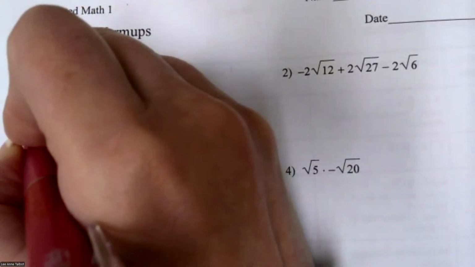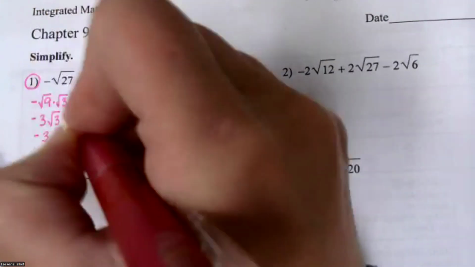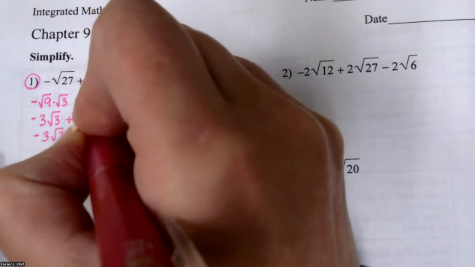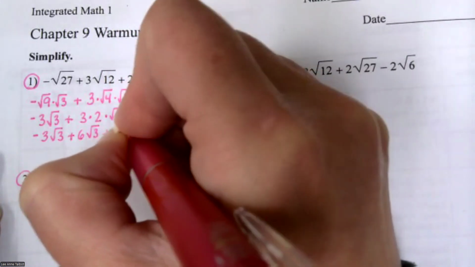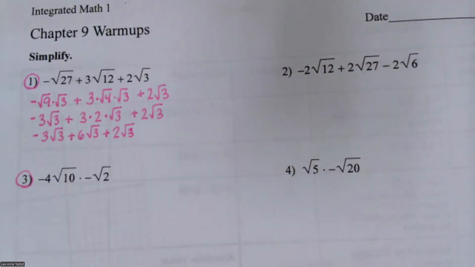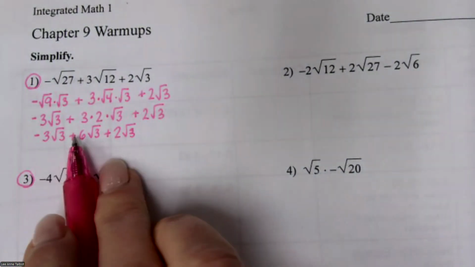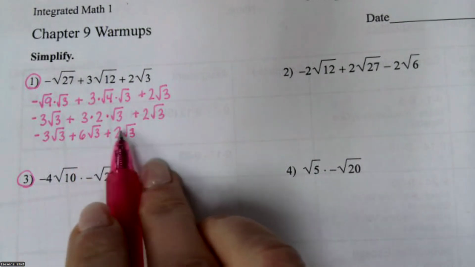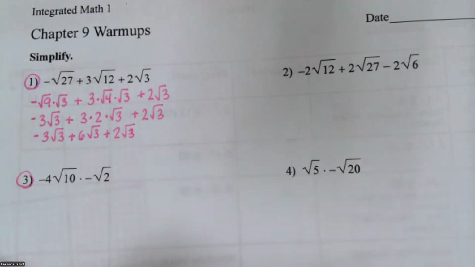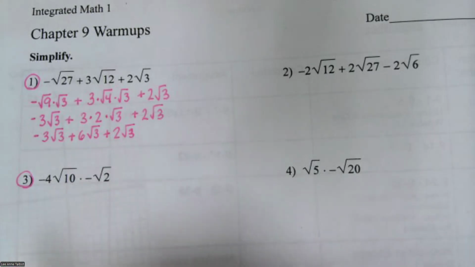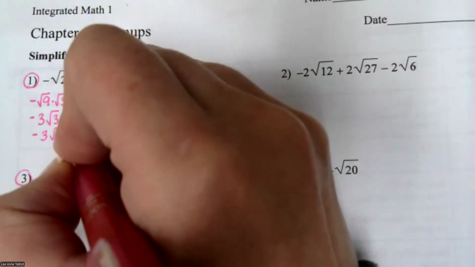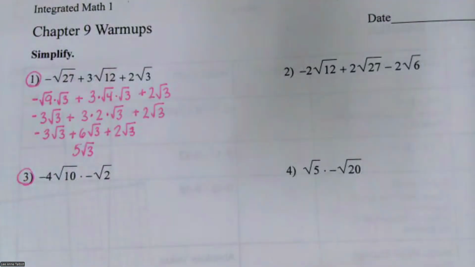Okay, so this is negative 3 square root 3 plus 6 square root 3 plus 2 square root 3. Okay, so it's negative 3 plus 6 plus 2. Negative 3 plus 6 plus 2. Yes, 5. 5 square root 3 is your final answer. That one came out satisfying. I like it.